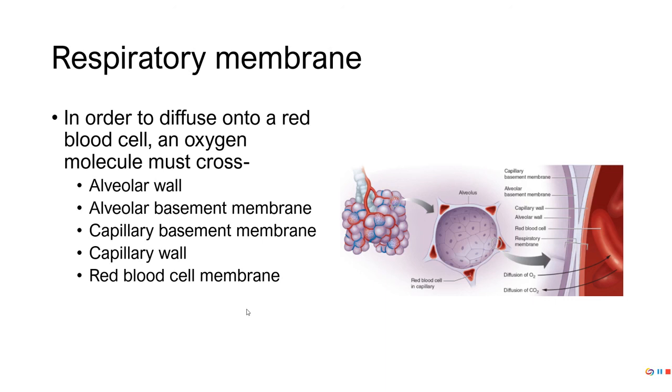This isn't something that happens instantly, but it takes time. And we're going to talk about that next week, about what's called transit time and diffusion time. So diffusion time is how long it takes for diffusion to actually occur, but transit time is how much time is actually available for diffusion to occur. Okay, so that's something to look forward to later on in this unit.